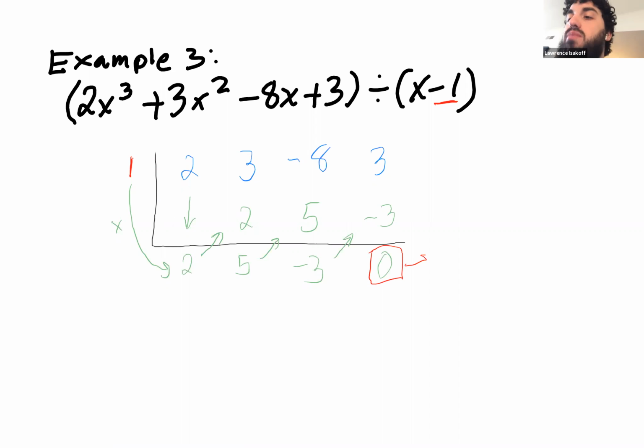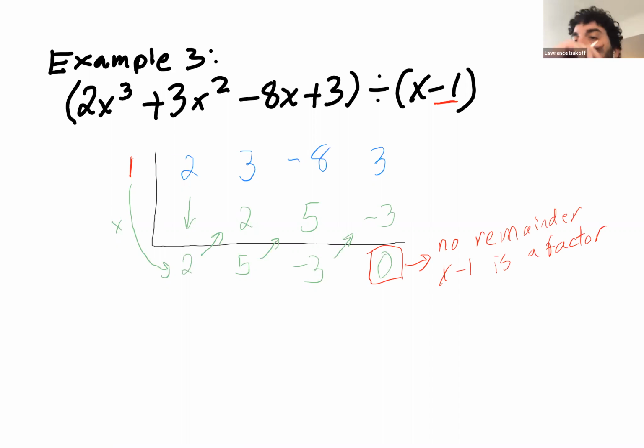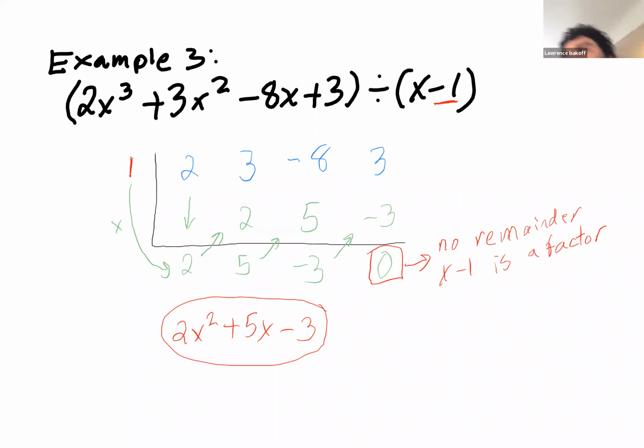So 0 is the remainder, which means x minus 1 is a factor. For this, it starts out cubed, so I go down 1 to squared. So 2x squared plus 5x minus 3. And that is that problem.